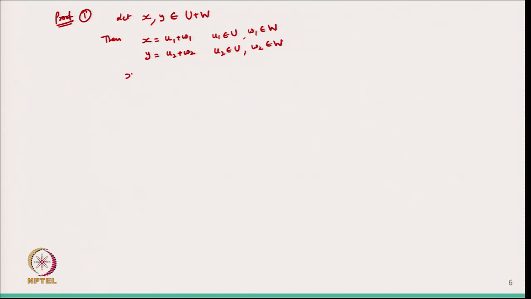Then I just want to see what will happen with x plus y. So, x plus y can be written as U1 plus W1 plus U2 plus W2. This one I can also write as U1 plus U2 plus W1 plus W2, because all these elements definitely come from V and V is a vector space.